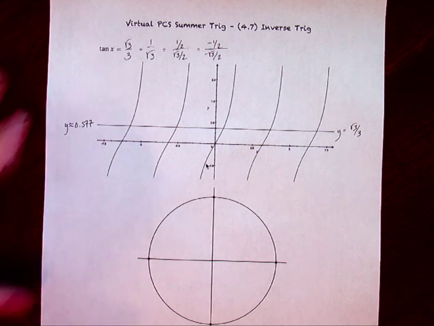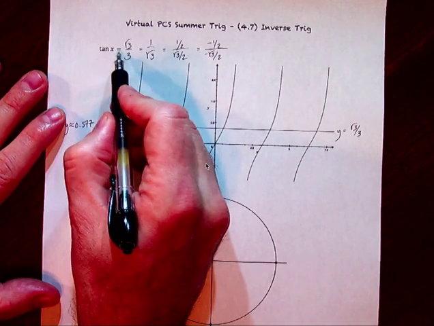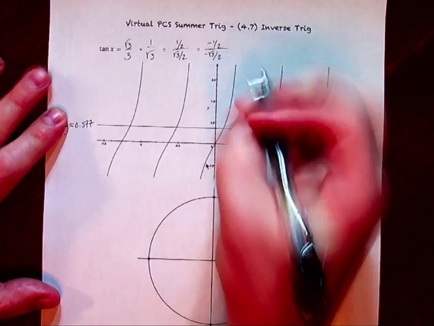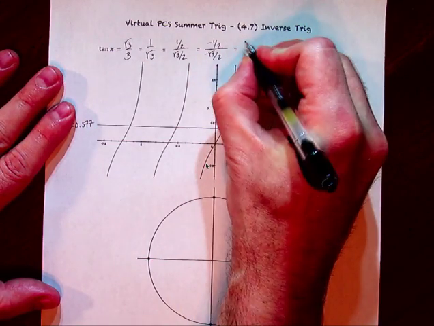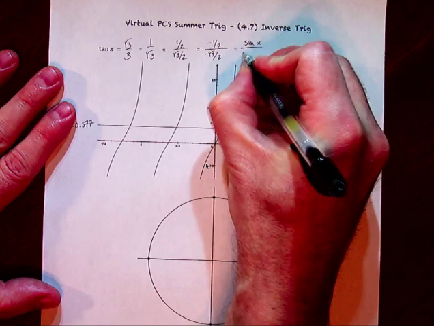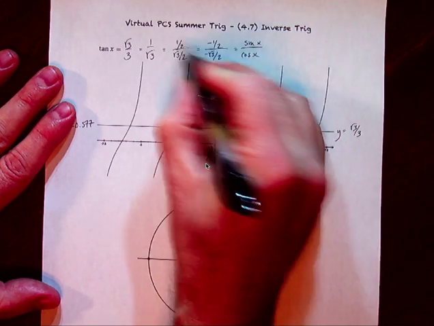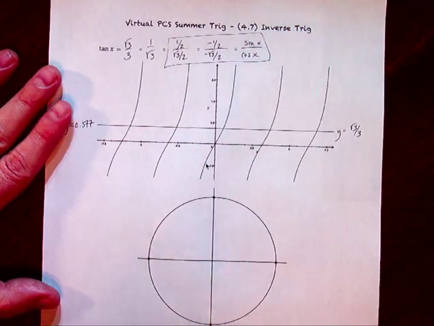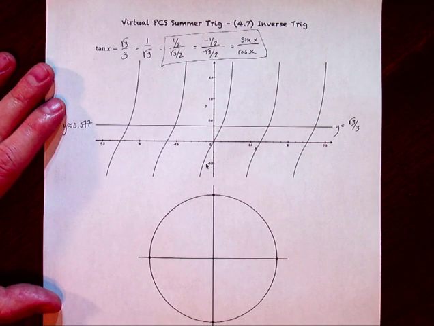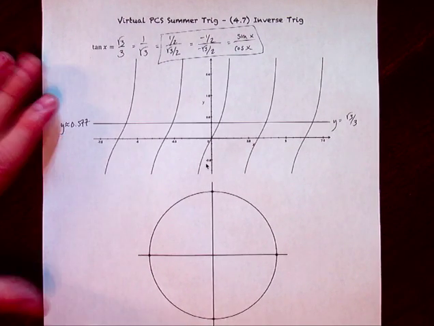So, when you look at tangent of x is equal to root 3 over 3, you might want to think about the fact that it really represents these relationships insofar as we are interested in unit circle values.